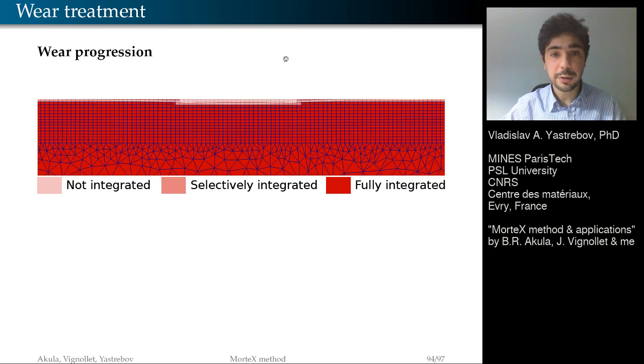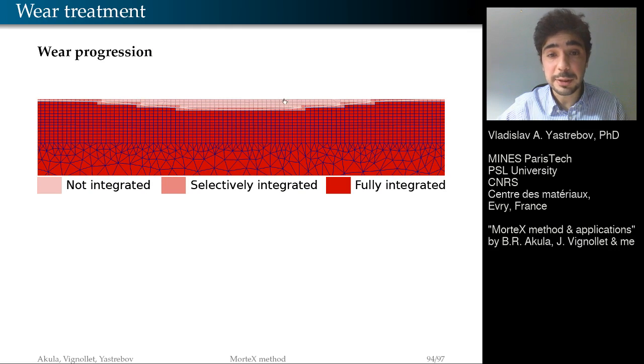And here I simply show how this embedded surface propagates in the bulk material, and the non-integrated elements, partly integrated, selectively integrated elements, and fully integrated elements appear here.